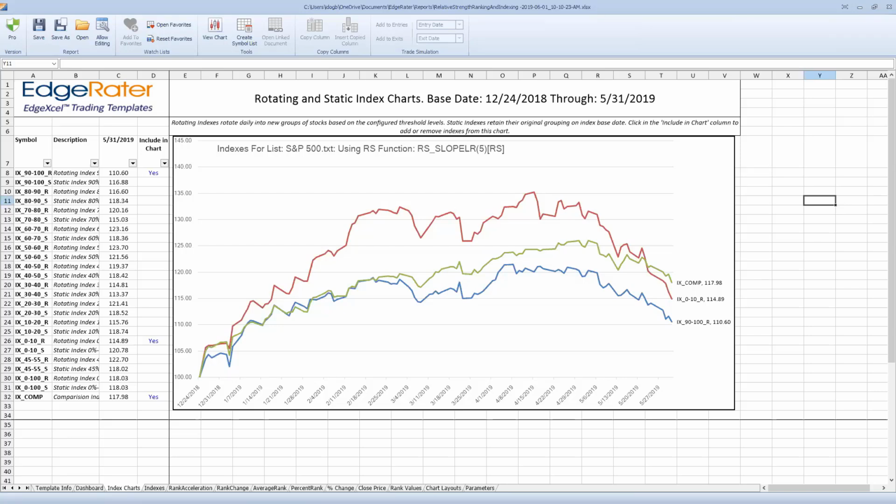Things do repeat in certain cases, but I think trying to get a general sense of things, which is something this template is doing, is very useful. For instance, if you believe we're at now the 200 period moving average and we're going to come back to make new highs, how has the market performed previously when there's been a sell-off or correction and it's gone on to make new highs? What's happened? Have the strongest stocks done better, or the weakest stocks done better in that time period?